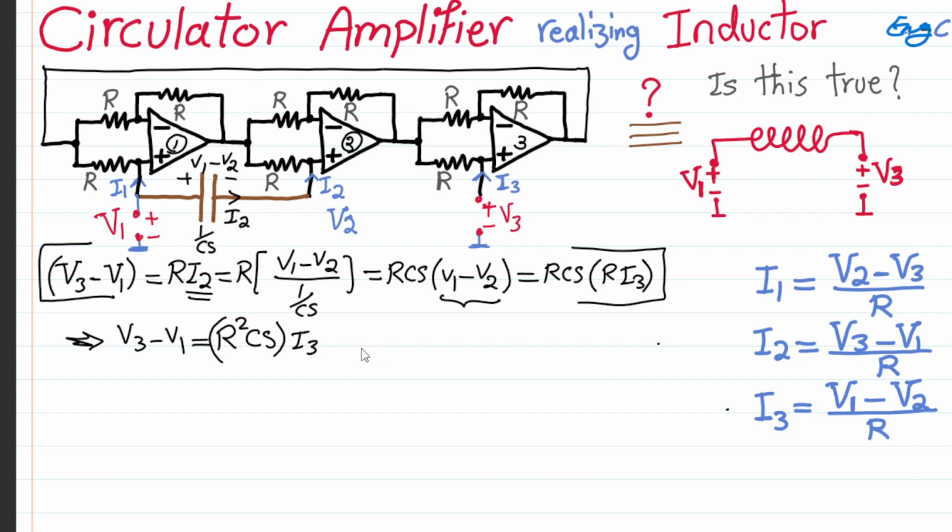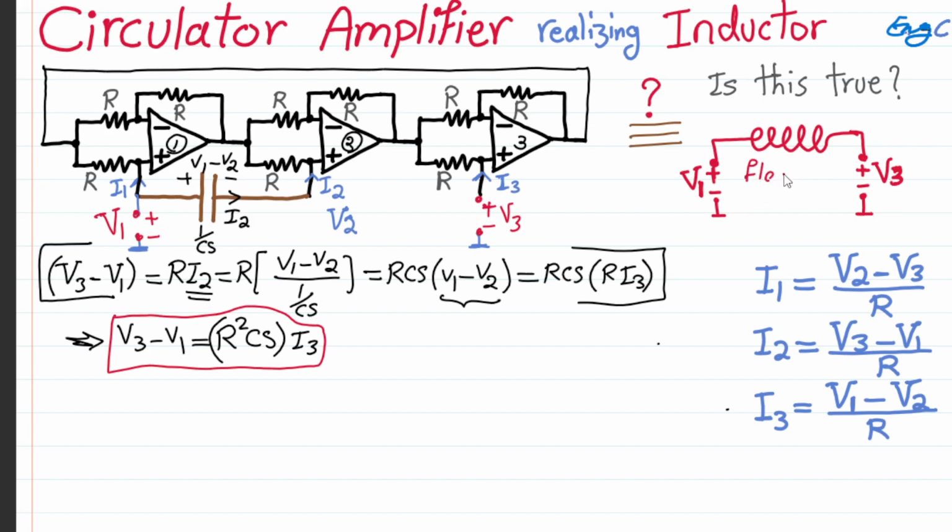So what is this saying? It says the voltage delta that is observed between the voltages of port 3 and port 1 is equal to R squared times Cs times I3, which is the current that is going that way. So that is exactly the meaning of floating inductance.